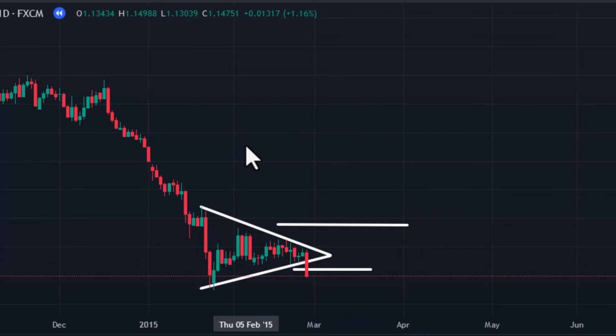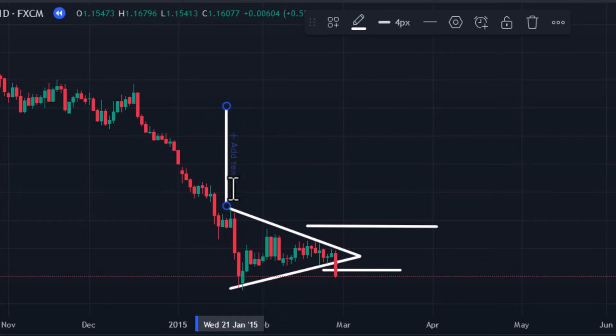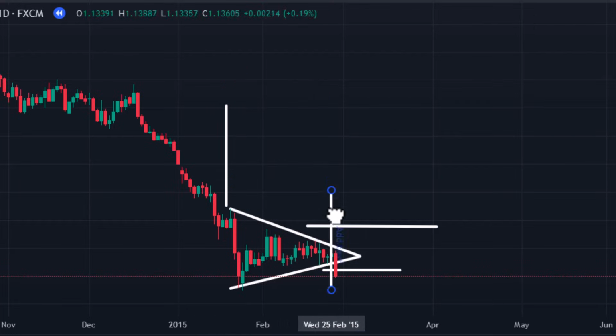How do we determine our target? For us to determine our target, we measure the length of the flagpole, which is from here to here. Then we extend it to where the breakout occurs.